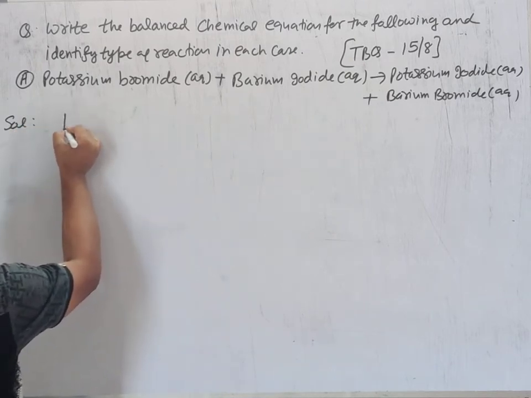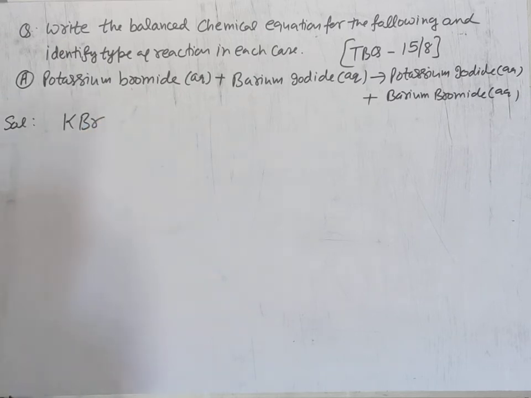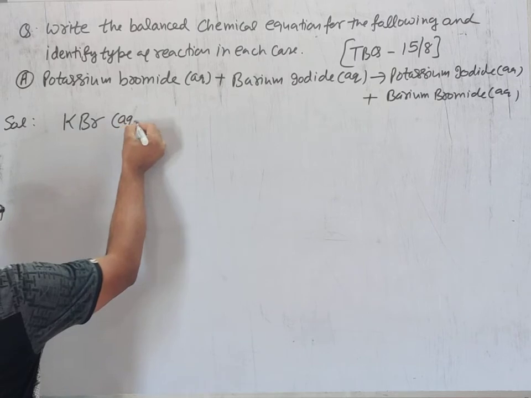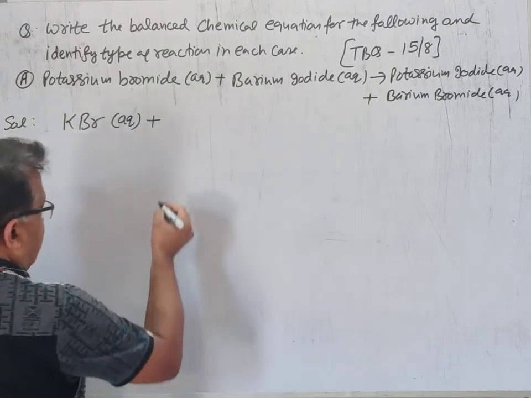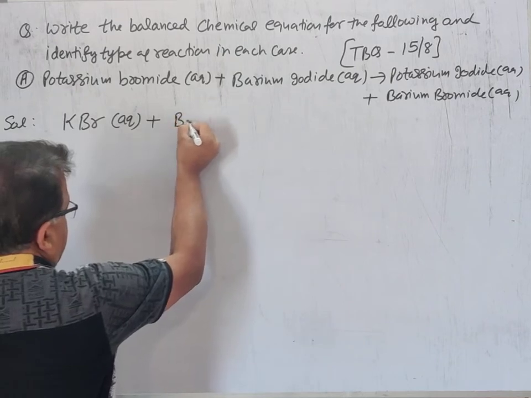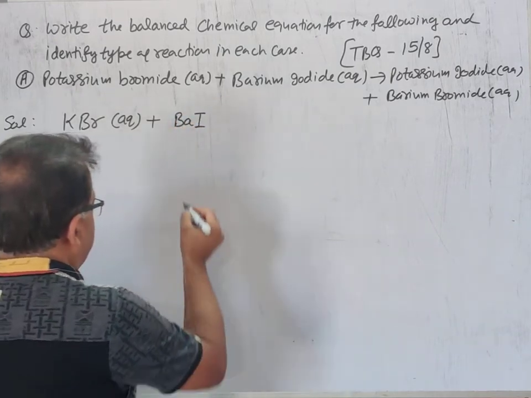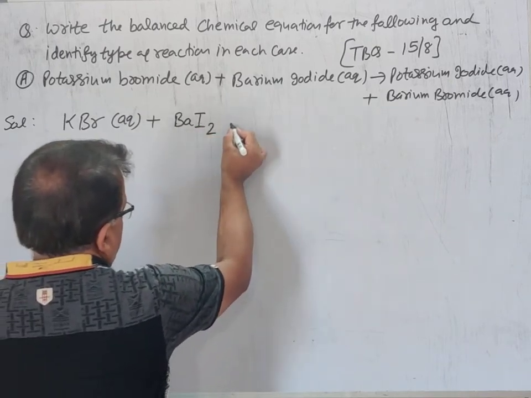Now its solution: the symbol of potassium is K, bromine is Br. Both have valency 1, so it will remain as it is, and it is aqueous. Plus barium iodide, BaI2. Barium has valency 2, iodide has 1, so BaI2.